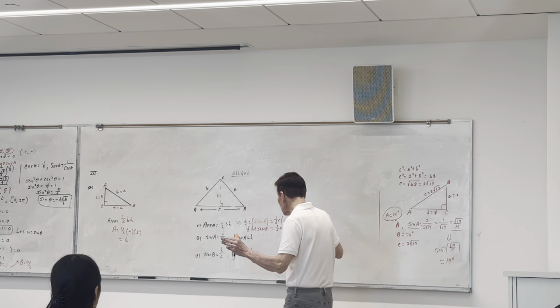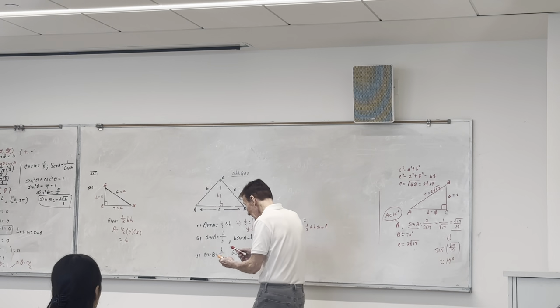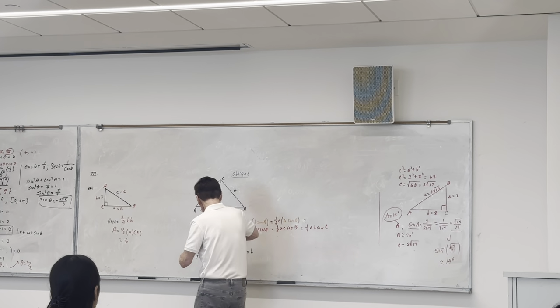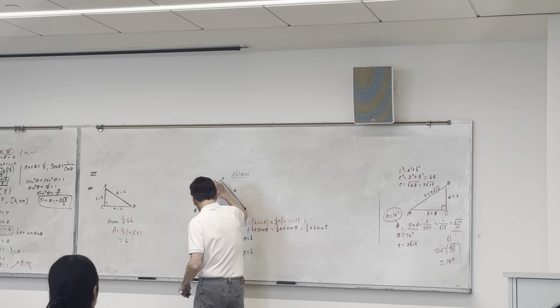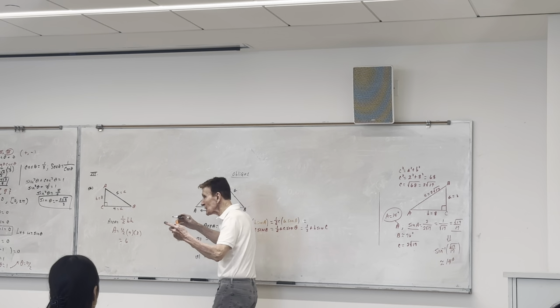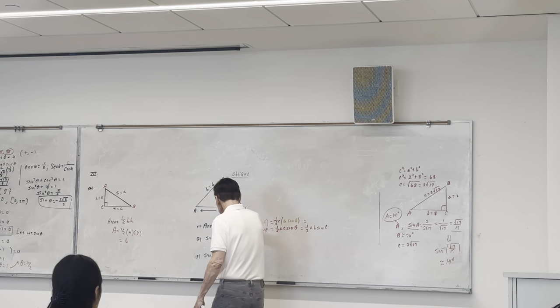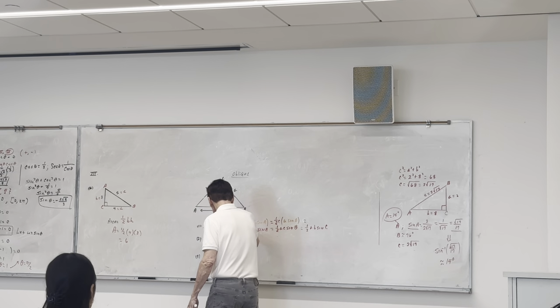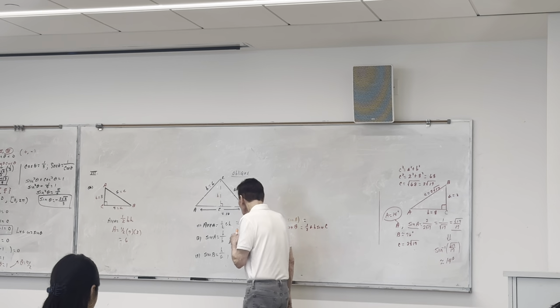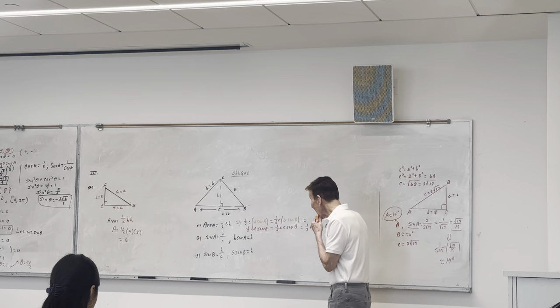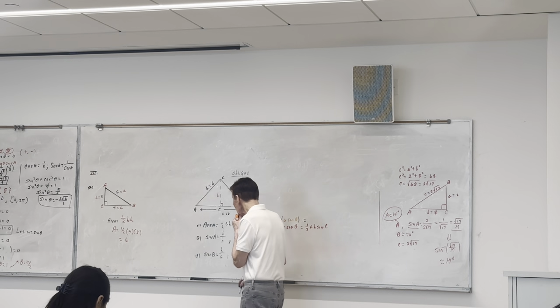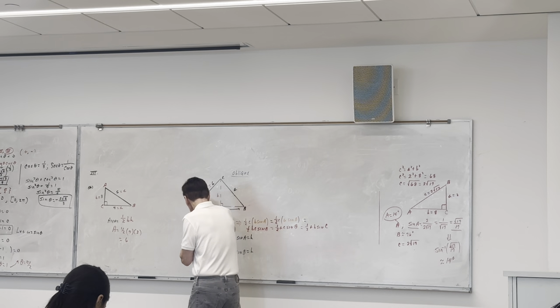Let me throw in something. Let's say side B was 6 units long. Let's say side C was maybe 10 units long. And let's say angle A was, I'm throwing these numbers at you, 30 degrees.